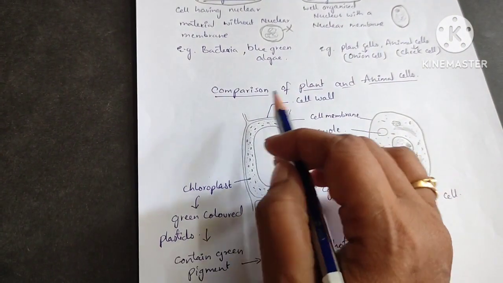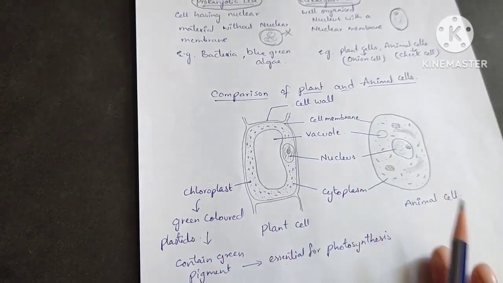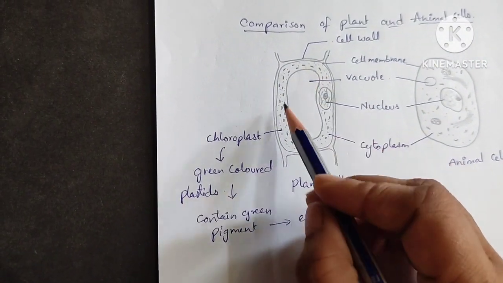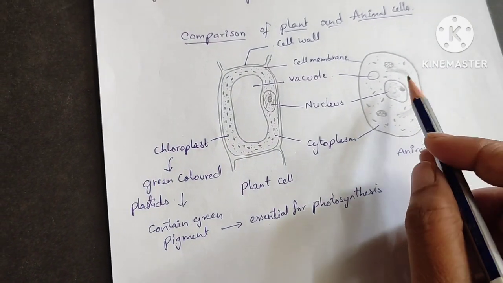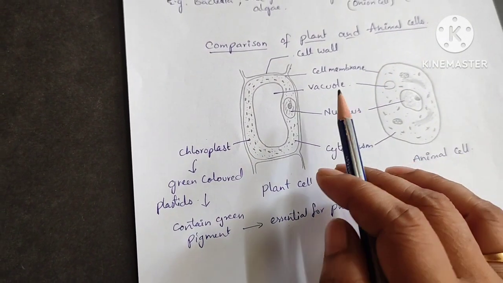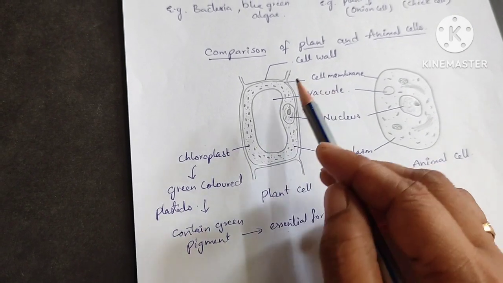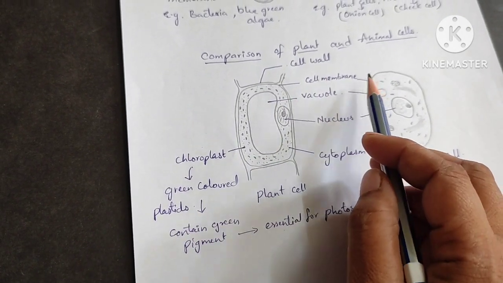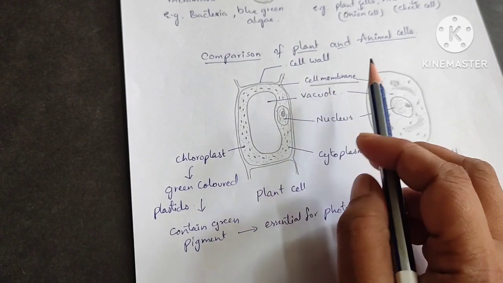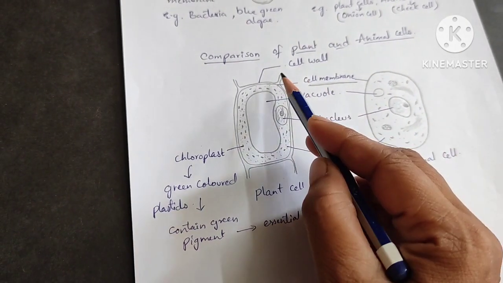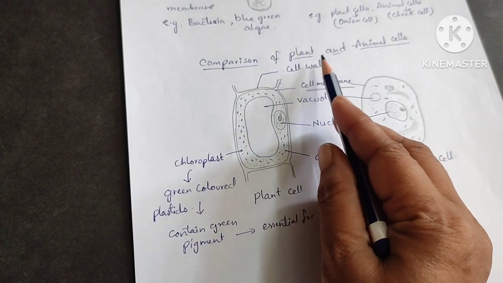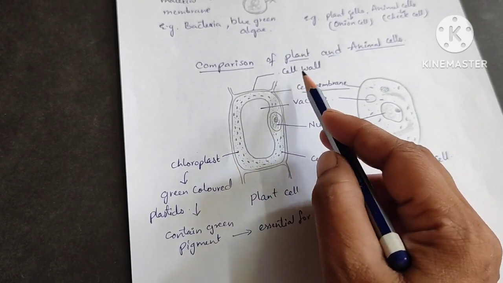Next, let us see the comparison of plant cell and animal cell. Here is the diagram. This is the plant cell and here is the animal cell. Let us see the similarities first. In both cells, the cell membrane is present, and in the plant cell around the cell membrane there is an extra layer called the cell wall.